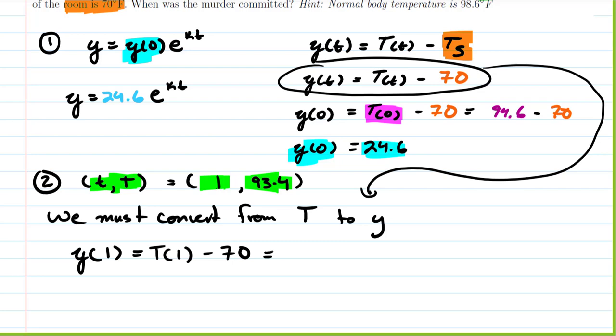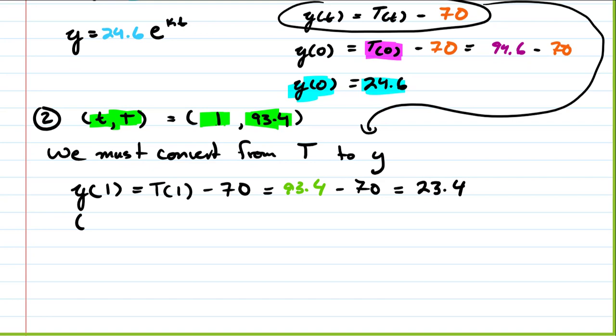So T of 1 is 93.4, take away the 70, which is going to give us 23.4. So this gives us the new ordered pair. The new ordered pair t comma y is when t is 1, our y value is 23.4, right?